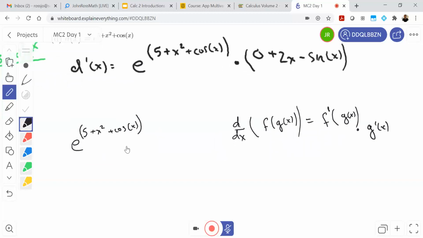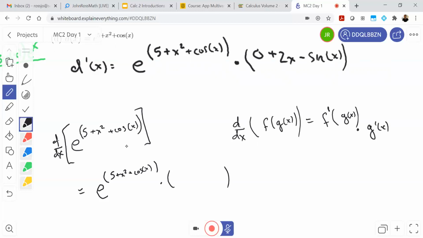So the derivative of this is going to be, we applied the derivative to the outside exponential function. It stays the same, so it's still e to the inside, 5 plus x squared plus cosine, and then times, chain lightning, the derivative of the inside, so times the derivative of 5 plus x squared plus cosine.